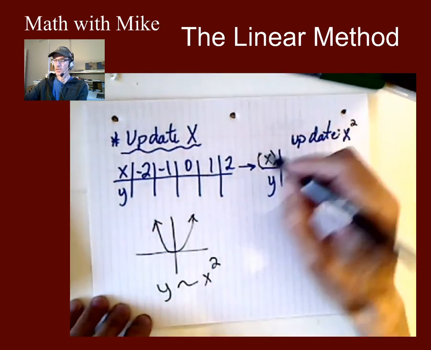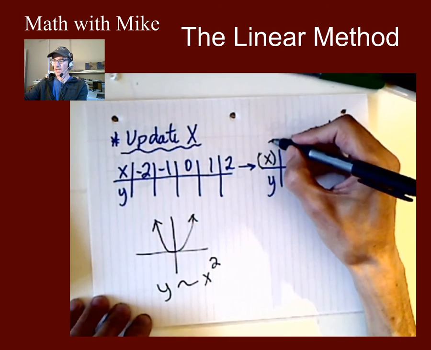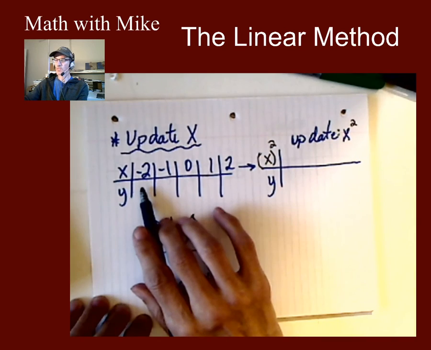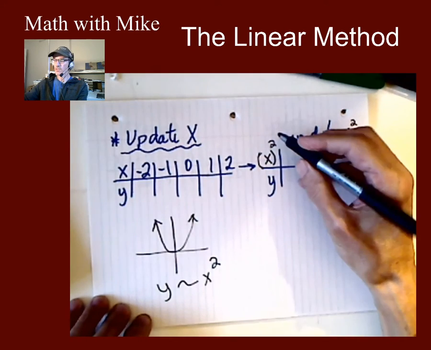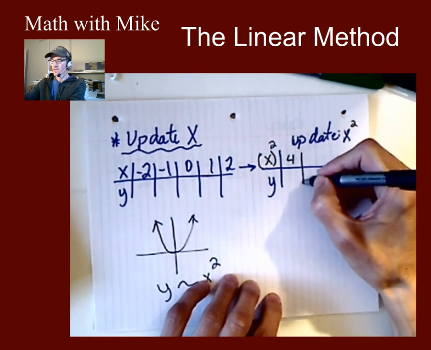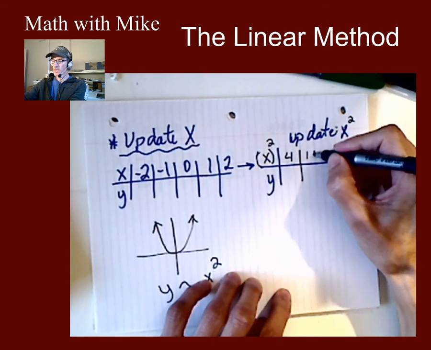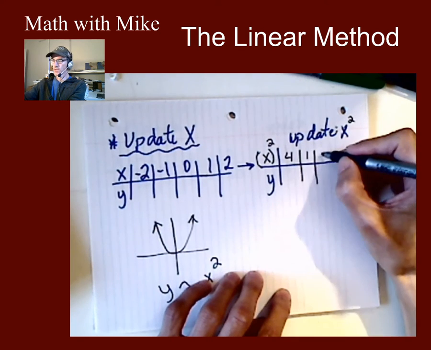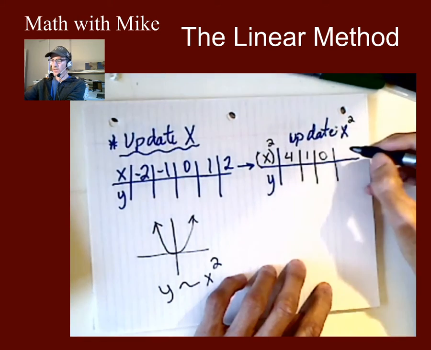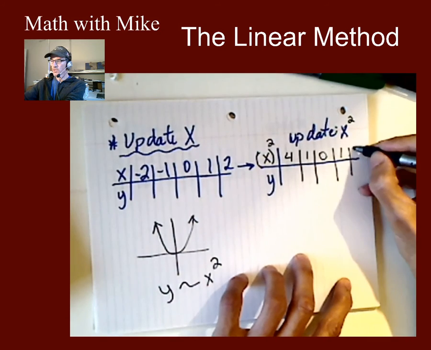Well, we take all the original x's that are here and we square them. So you take minus 2 times minus 2 gives a plus 4. You take the minus 1 squared, that gives a plus 1. 0 squared gives a 0. And the same thing on the other side. 1 squared is 1. 2 squared is 4.